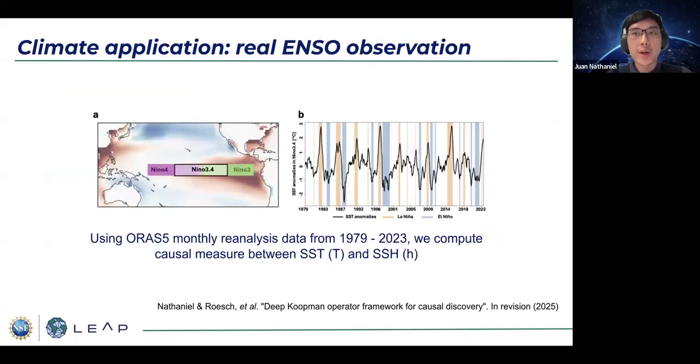What we want to do is extend this to real ENSO observations. We are using a monthly reanalysis product for over 40 years, and we extracted two variables, SST and SSH, in the NINO 3.4 region. The figure on the right is the SST anomaly that we observe from this reanalysis product against a backdrop of color-coded ENSO events, El Nino and La Nina, derived from the SST anomaly index.